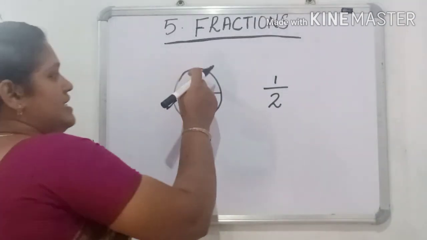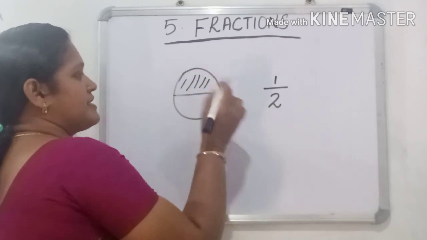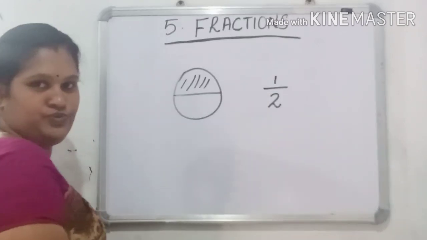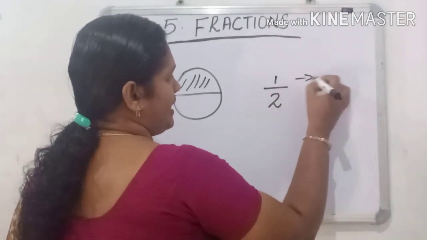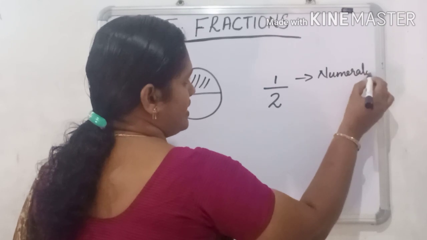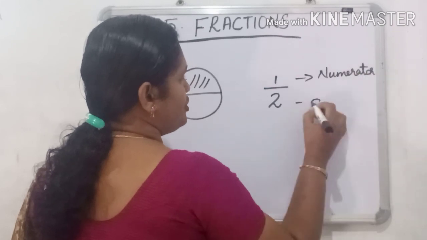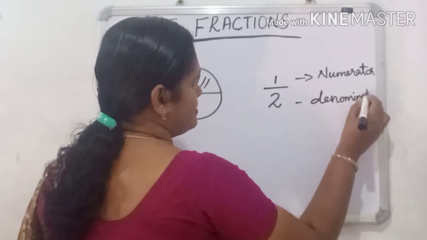Clear? Each part, this shaded part, represents the fraction 1 by 2. We already learned that. This 1 is the numerator and 2 is the denominator. Clear?